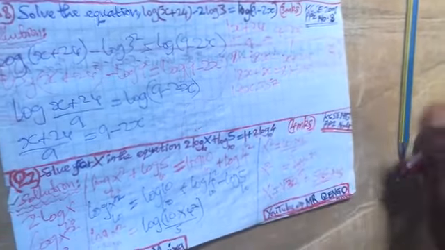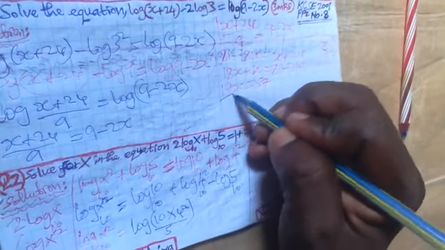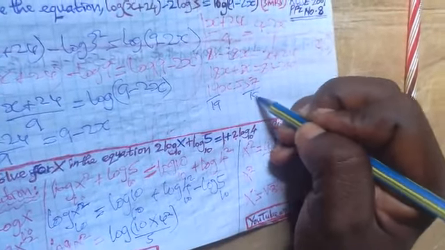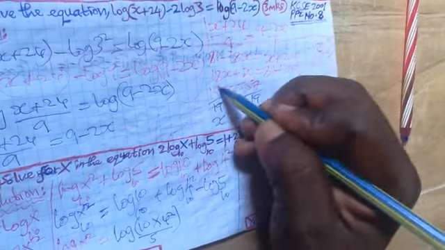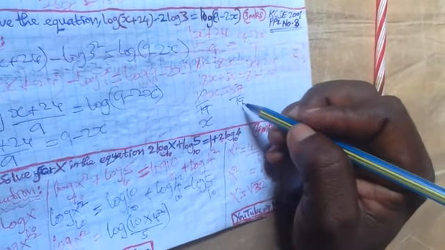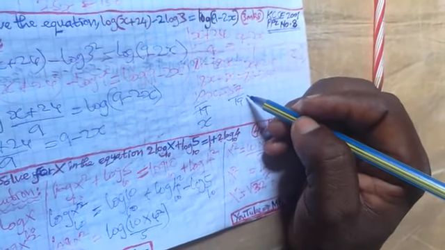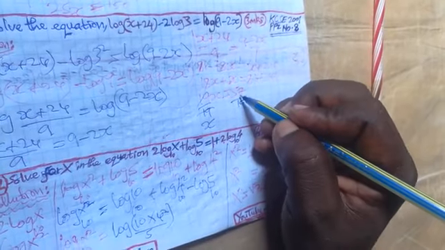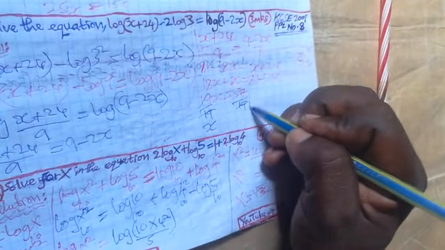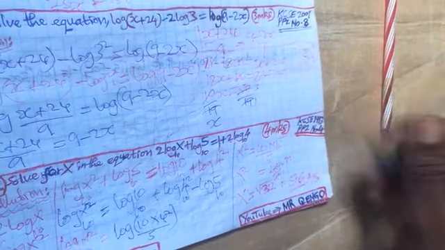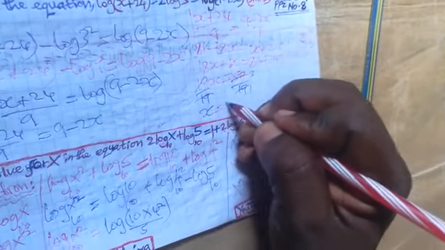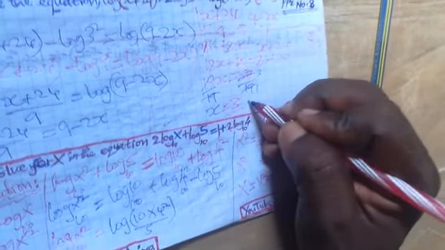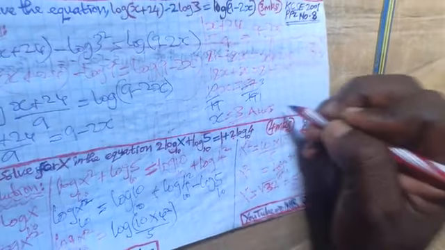Therefore, since we need x, we divide by 19 on both sides. x will be 3 times 19 over 19, one by 19 is one, which gives 3. Therefore, x is 3, and this is the answer.